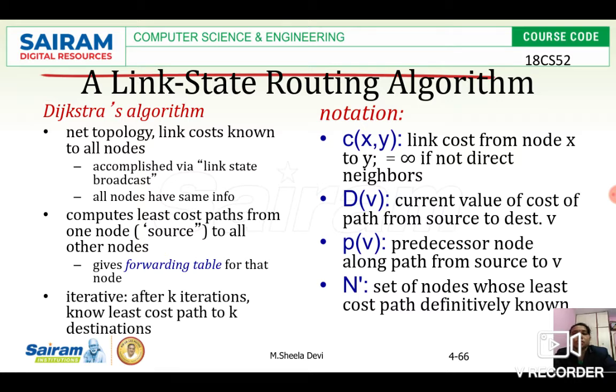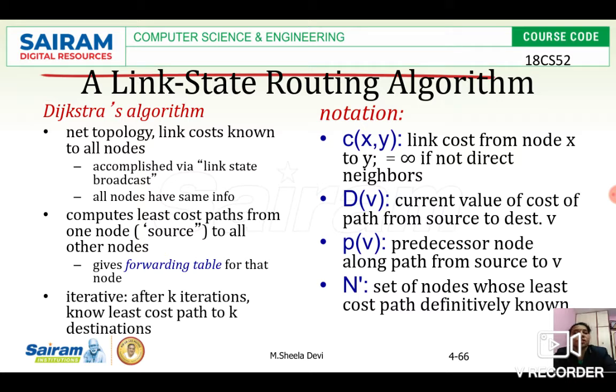So the use of Dijkstra's algorithm is that it computes the least cost path from one node to all other nodes in the network. These are the notations used. c(x,y) is the link cost from x to y. D(v) is the current value of the cost from the source to the destination v, and p(v) is the predecessor of the destination, that is, the node just before the destination.